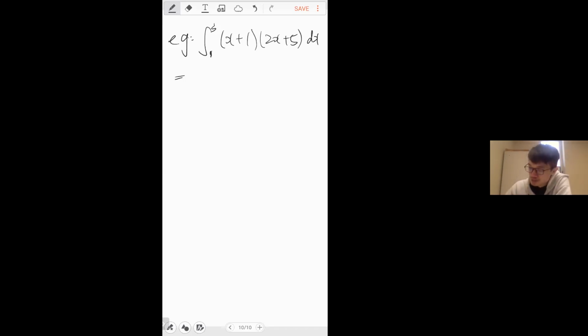No. Okay, so you're taking a product of two functions, x plus 1 and 2x plus 5. To compute the integral, you cannot split the integral into two parts. Right? In this case, what do we do? Yep, so I need to multiply everything out.